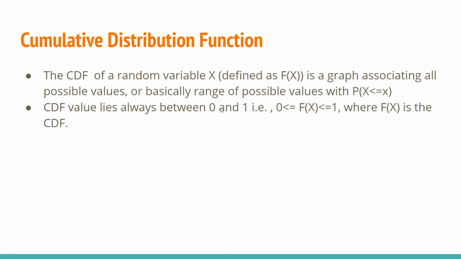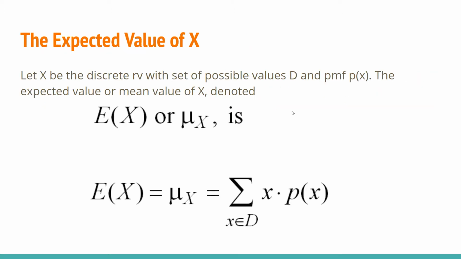CDF values always lie between 0 and 1, so 0 <= Fx <= 1, where Fx is nothing but the cumulative distribution function.